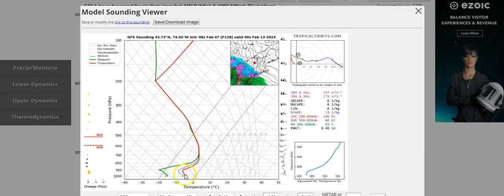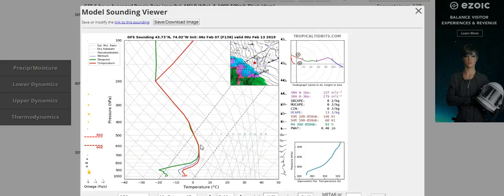You'll notice that the temperature at the surface of 19 actually rises between 900 and 800 millibars, and then starts to slope back down and fall. If you look very closely at the outline of the red line, it looks like the profile of a nose. So we often call this area that bulges a warm nose.